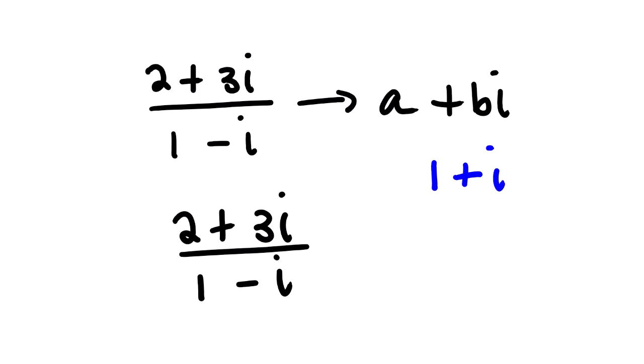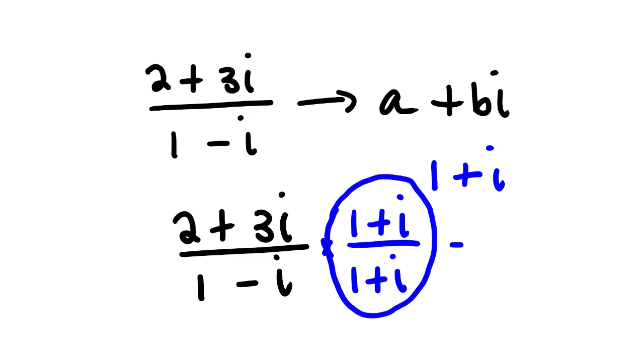So what we are going to do, we are going to multiply the numerator with the complex conjugate and also multiply the denominator by the complex conjugate. Now we should understand that this is actually equal to 1. So we didn't change anything.